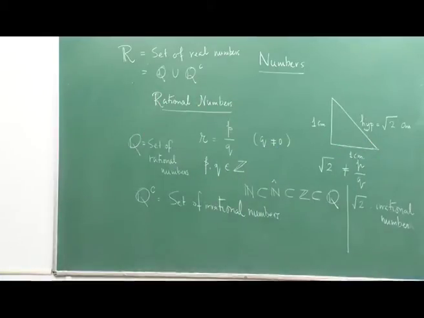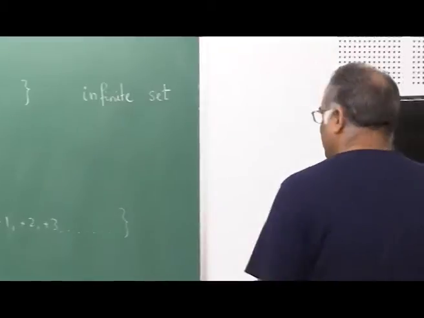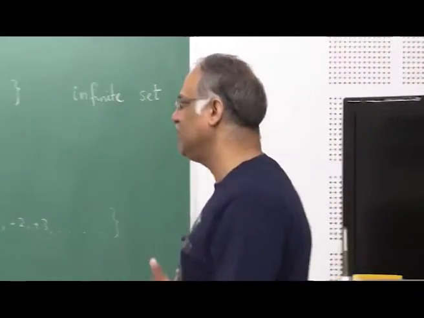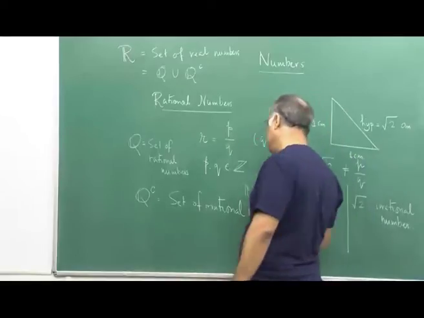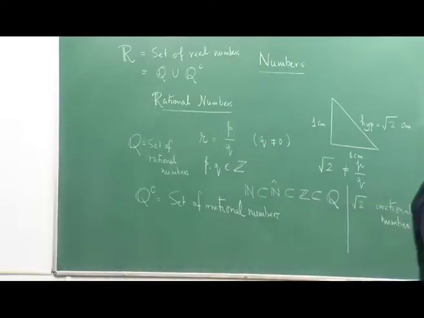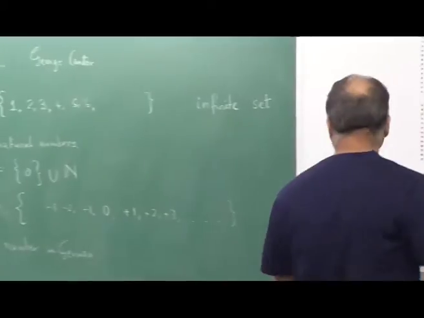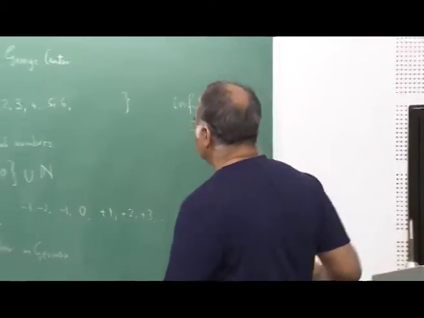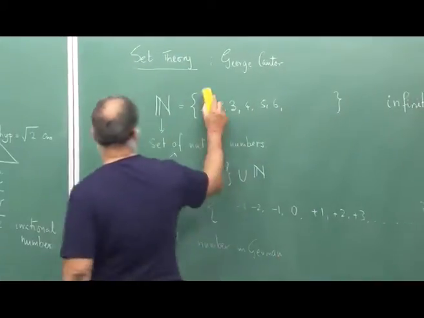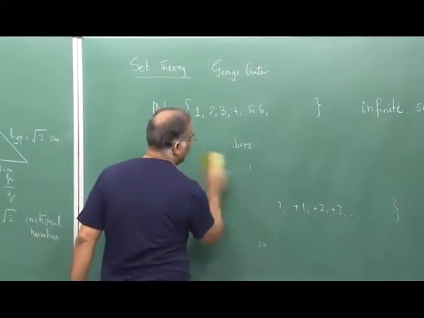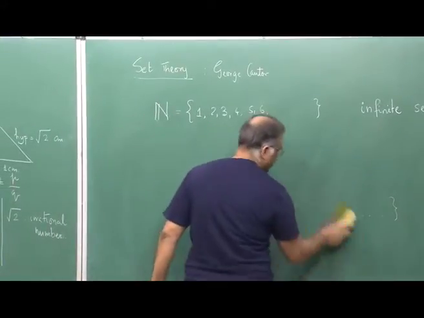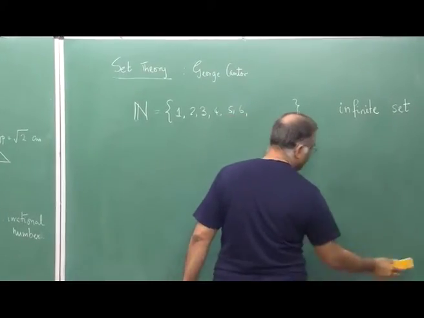Now, we will start talking about properties of rational numbers, and in that we will first talk about the natural number set, its properties. That is quite important actually. You should have some knowledge about the set of natural numbers. So, we are now going to talk about the properties of natural numbers. We have started dealing with something called the infinite set.